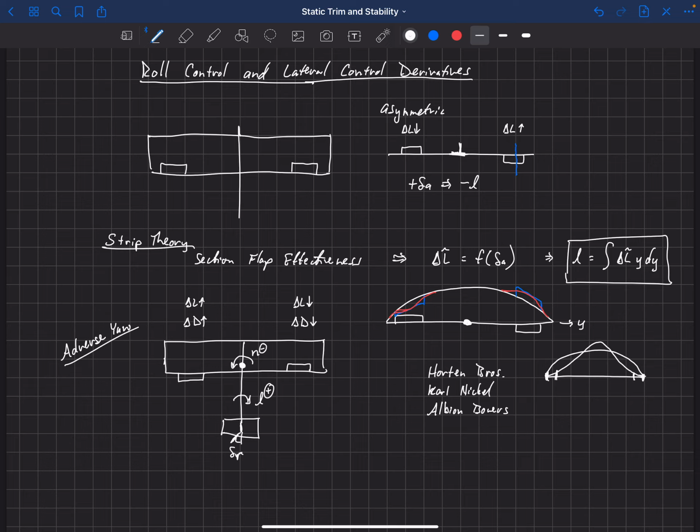It's theorized, especially by Al Bowers at NASA, that this is the lift distribution used by birds, because they use very little tail deflection to control yaw. Anyway, interesting ideas. But this is the concept of adverse yaw, and most aircraft in operation today experience adverse yaw. So this is something that's very common.